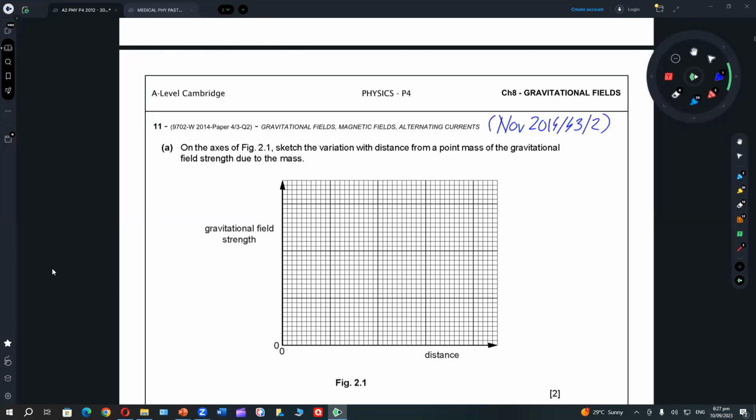On the axis of the figure, sketch the variation with distance from a point mass of the gravitational field strength g against the distance. g and separation from the center are always inversely proportional.